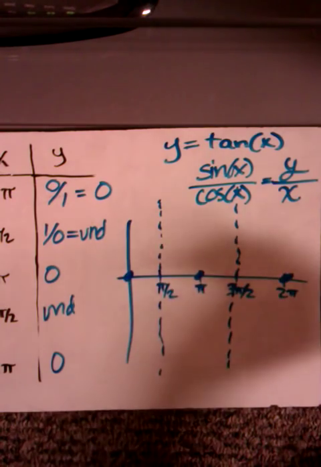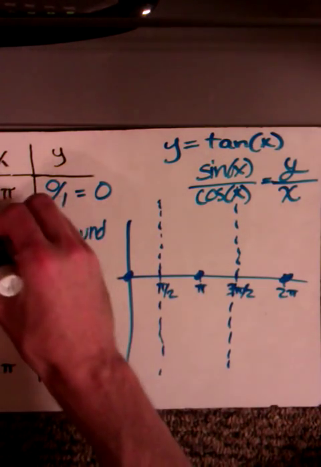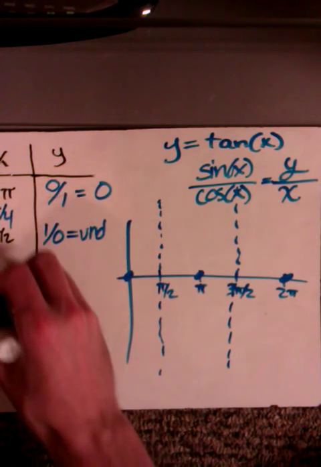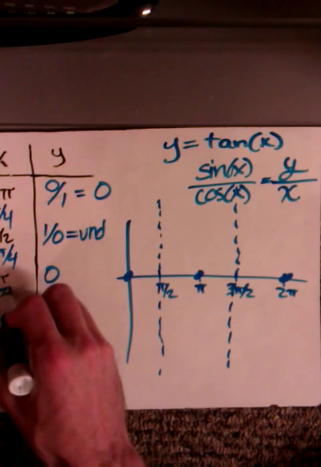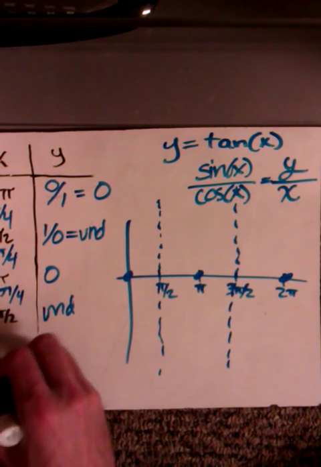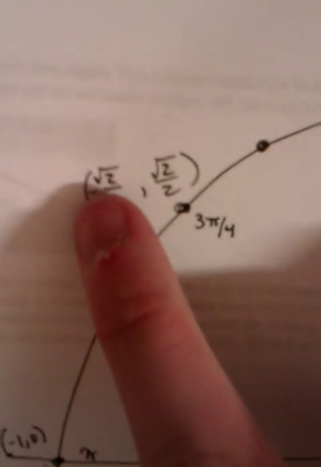So this doesn't really look like much of a graph to me, so I've left some room inside my little chart over here. I'm going to go in and show you what happens at pi over 4, and at 3 pi over 4, and at 5 pi over 4, and at 7 pi over 4. So if you look at the unit circle, both sine and cosine at all those values have the same value. The only difference is that as you rotate around the circle, some of the values will become negative.